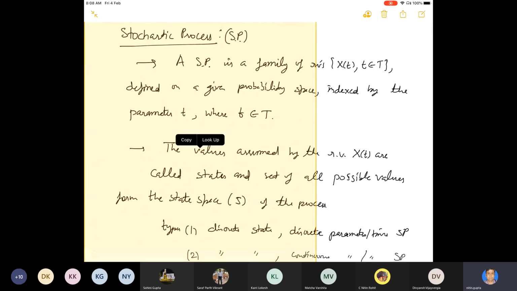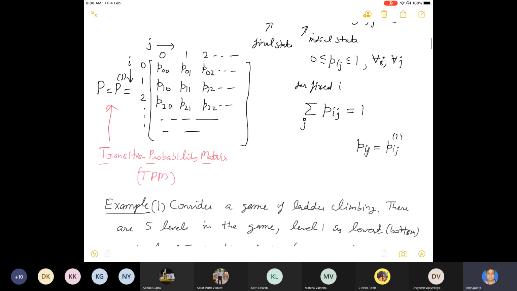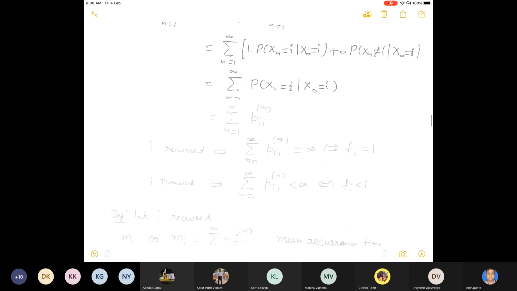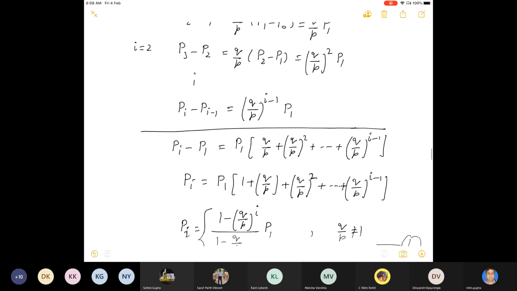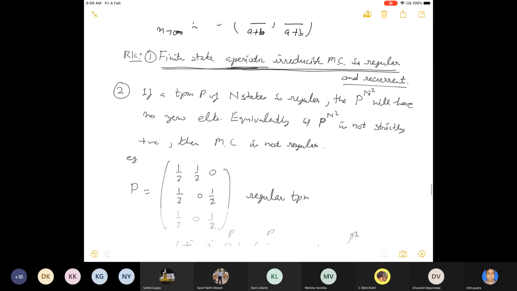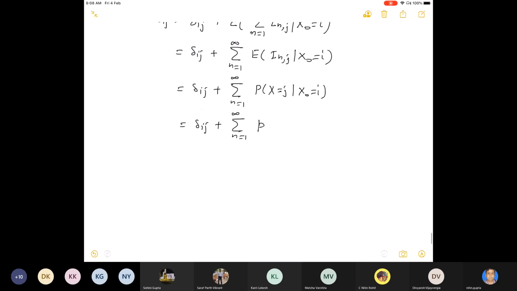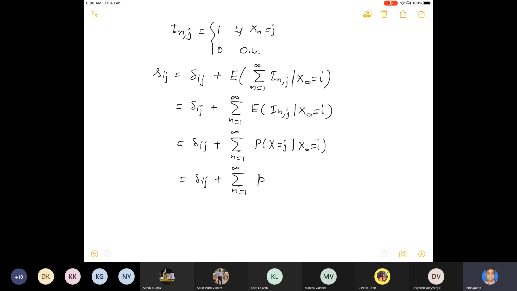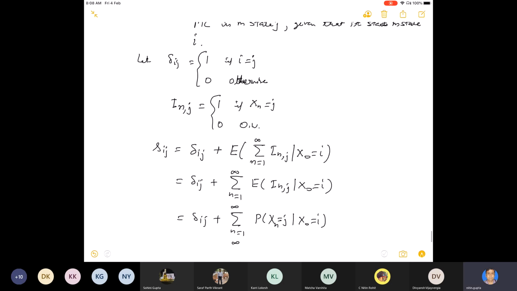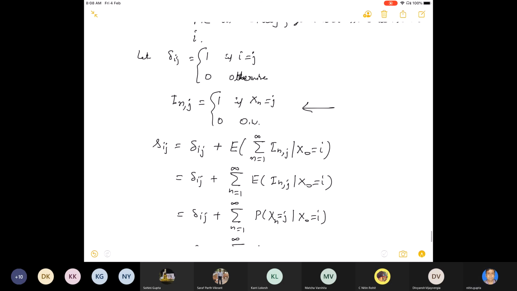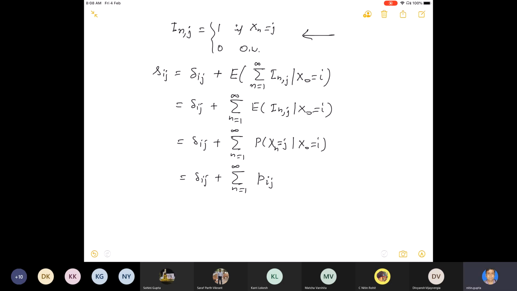This is the transition probability of moving from state i to j, Xn equal to j, so this will be p_ij^(n) basically.